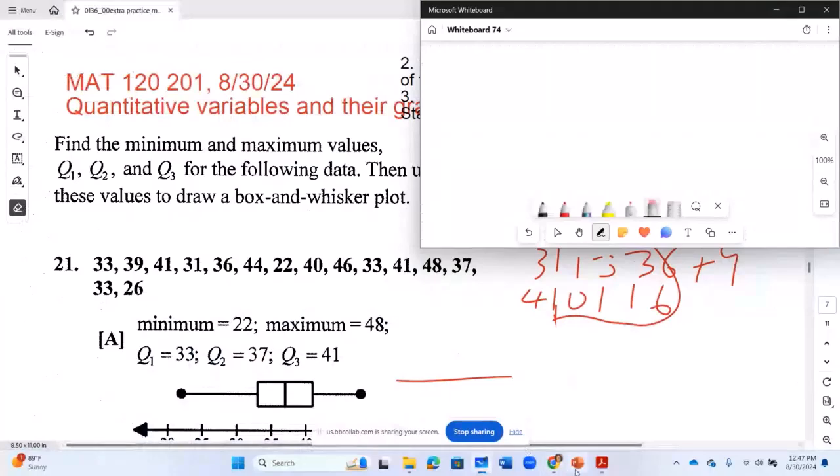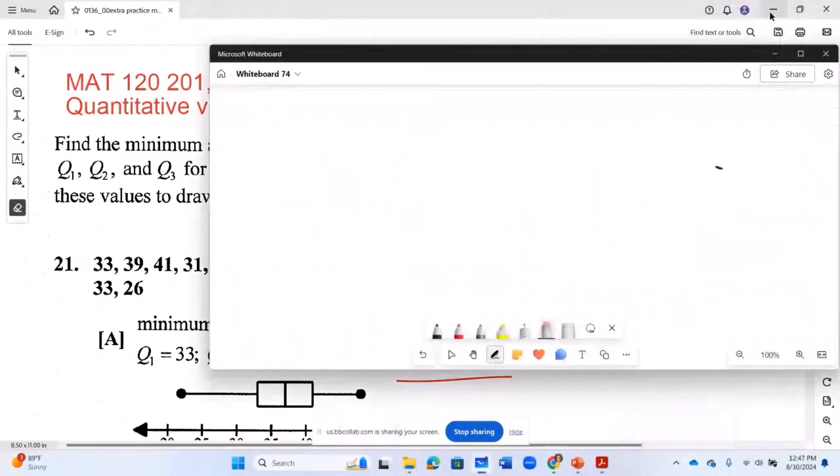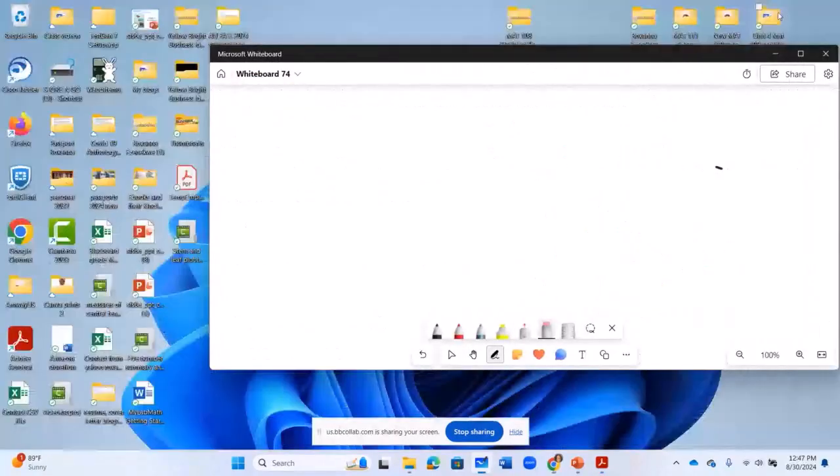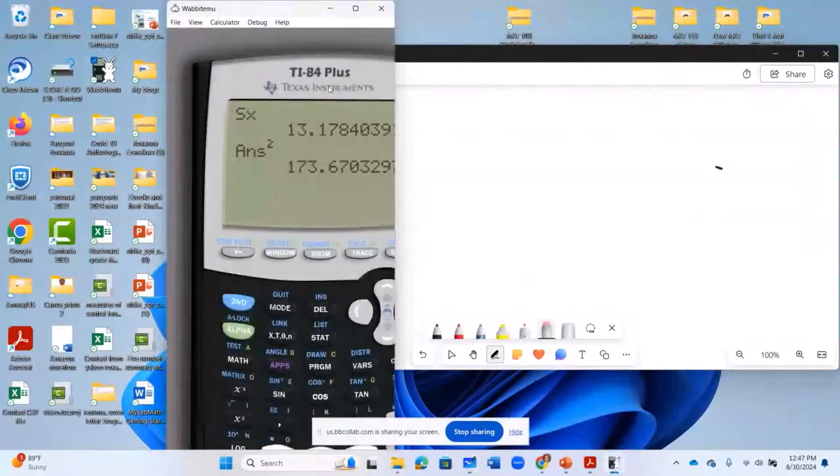Before I draw a box plot, I have to go to my calculator again. So I need to pull up my calculator again. Where is my calculator hiding? All right, so I'm going to pull my calculator up again.